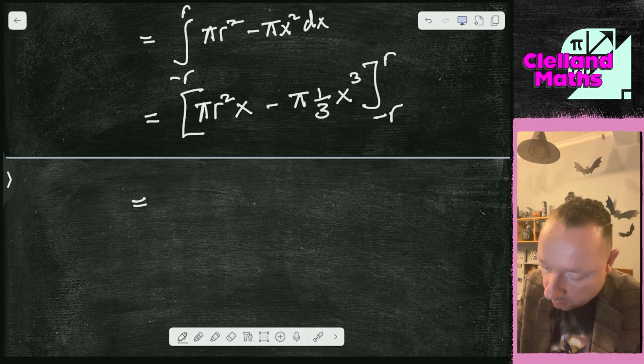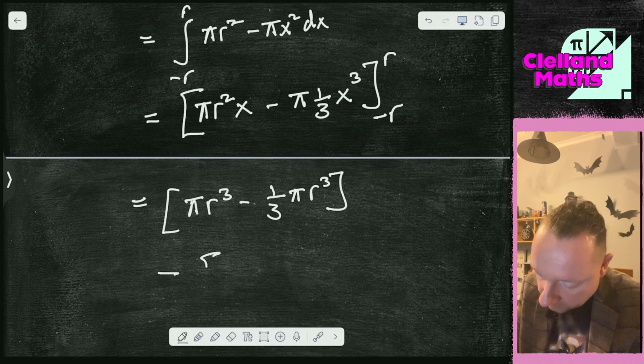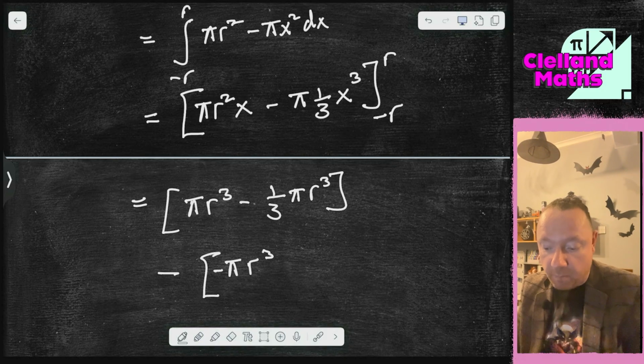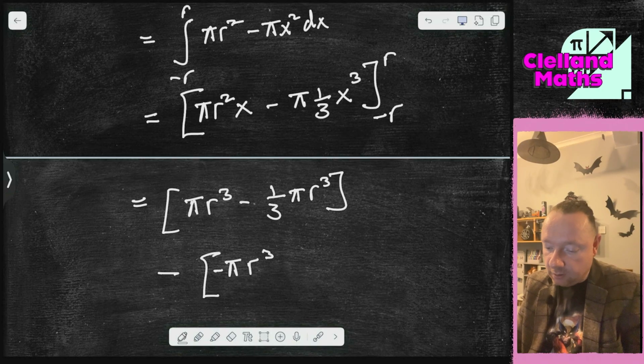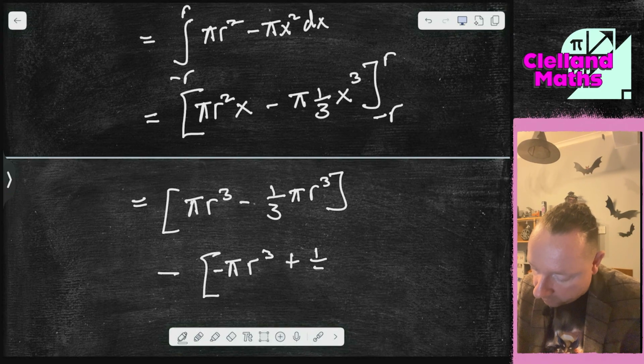So subbing in our r, for the first term we get pi r cubed minus 1/3 pi r cubed again. In the second term, we get pi r cubed again, but this will be minus because it's minus r for the x. And then minus r cubed is minus r cubed, but times a minus is a plus. So plus 1/3 pi r cubed.